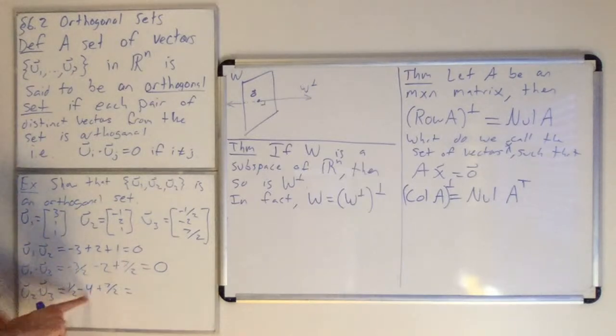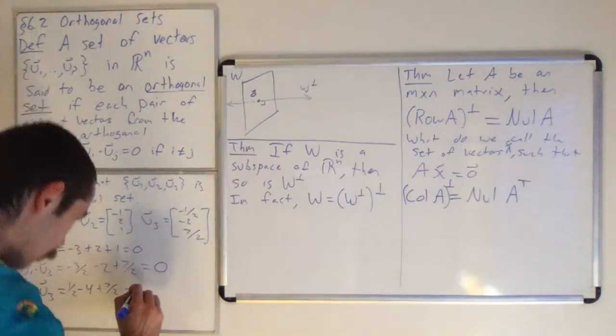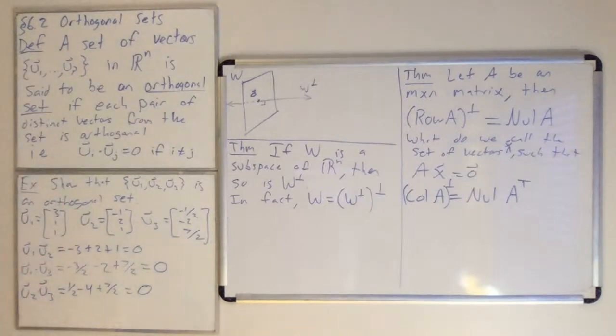Well, this is 8 halves minus 4, which is 0. Pretty straightforward, right? To show something's an orthogonal set, you just check each pair of vectors, compute their dot products, and hope we get 0 all the way through.